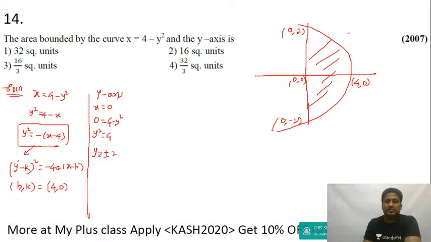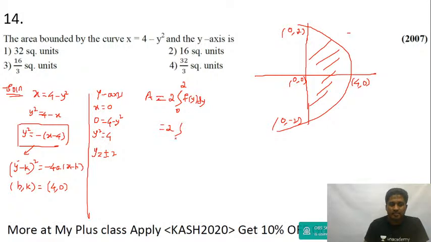Now I can write the area as 2 times the integration from 0 to 2. It's a symmetric graph, guys. Just find it in the first quadrant and multiply by 2. So you get 2 times the integration of f of y dy from 0 to 2.